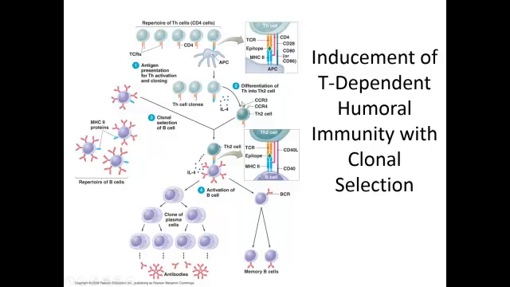Now, if this is a Th2 cell or a helper 2 cell, it goes looking for the B cell that matches its antigen. This antigen would differ from the T-independent antigens by not being a big polysaccharide with repeating subunits. So that leaves it open to just about anything.